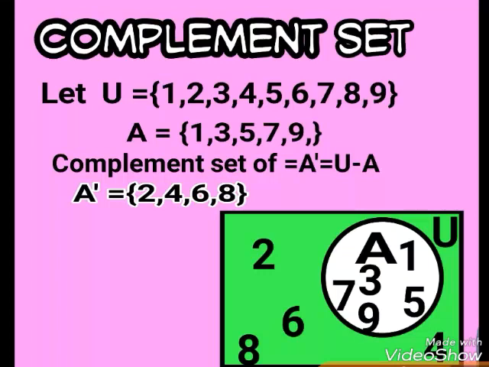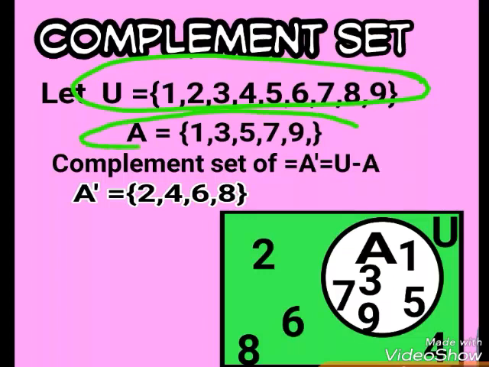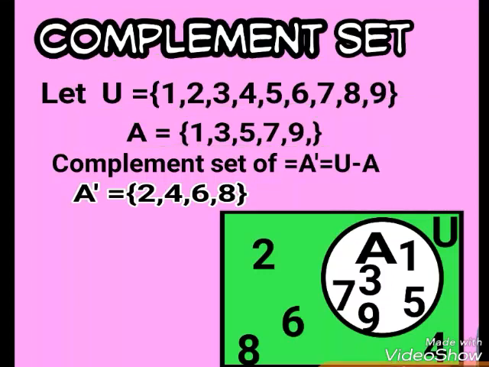U equals this set, and U is a universal set for A, and A is a subset of U, and A is this set. Now we have to calculate the complement of A.